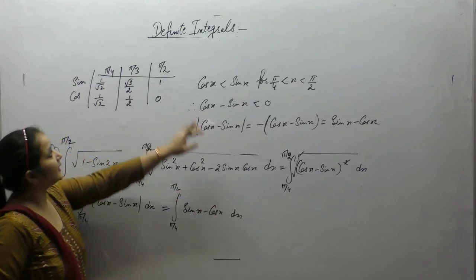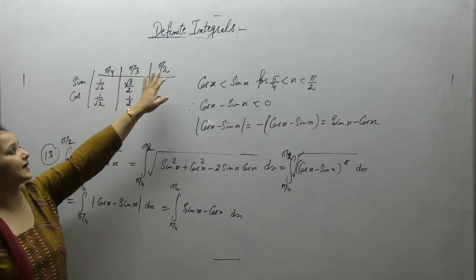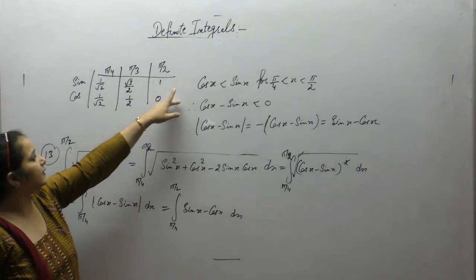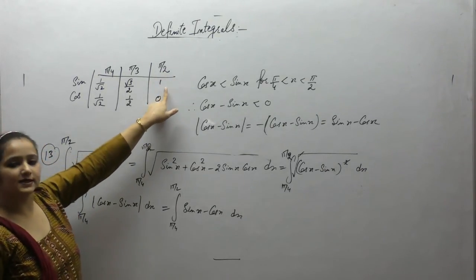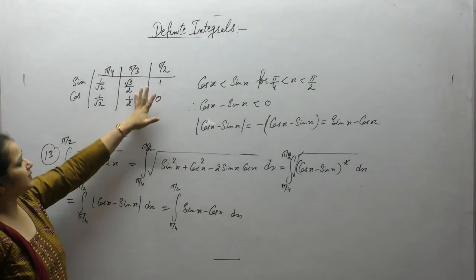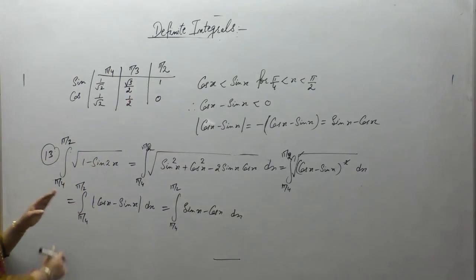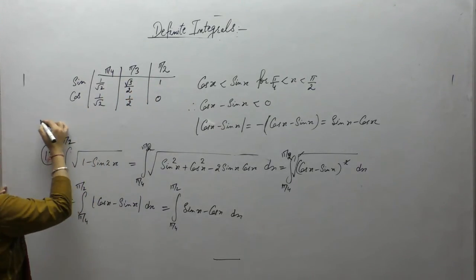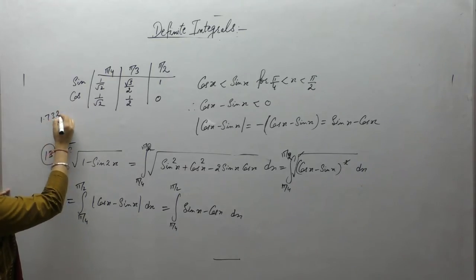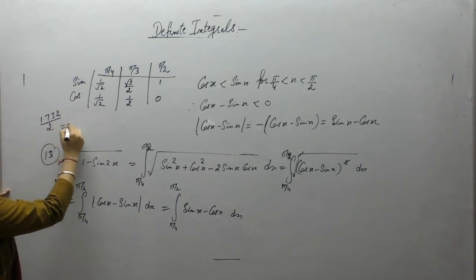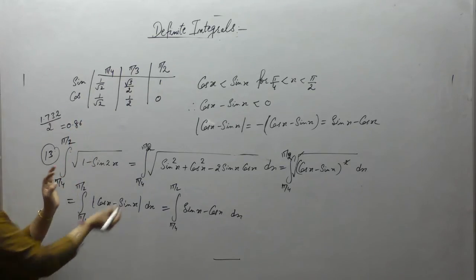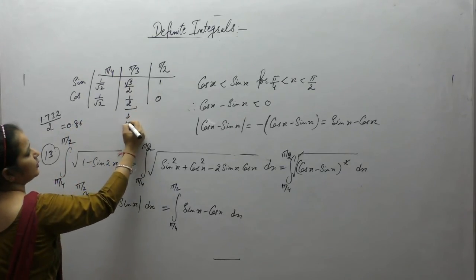Why did we do this? In the interval from pi by 4 to pi by 2, 0 is less than 1, and 1 by 2 is 0.5. The value of square root of 3 is 1.732, divided by 2, that is 0.86 approximately, and 1 by 2 is 0.5.